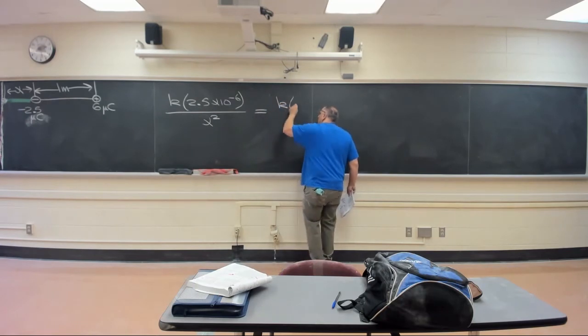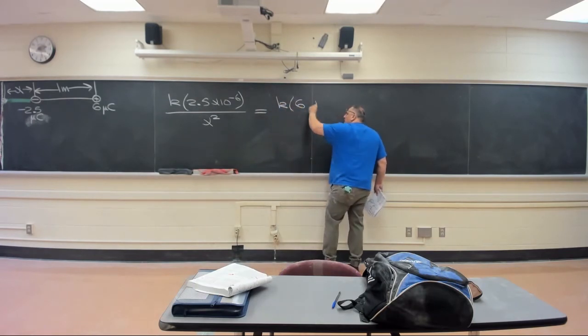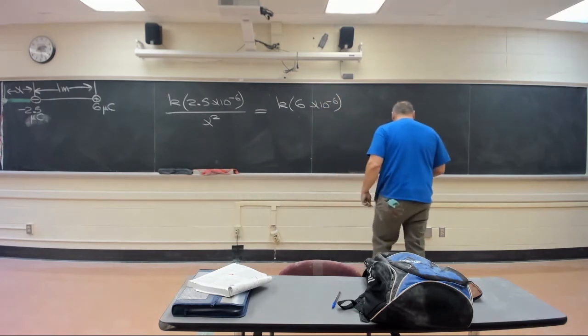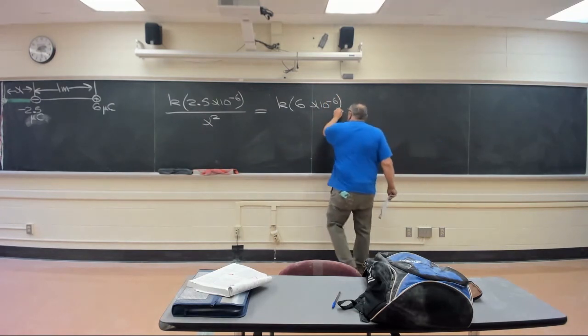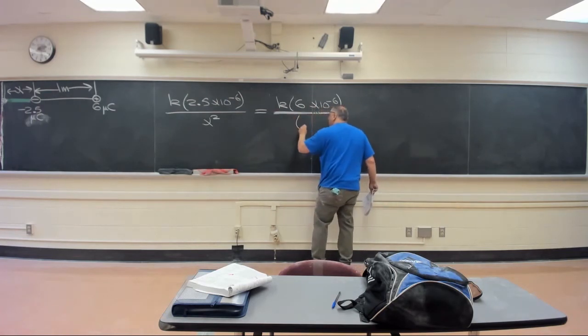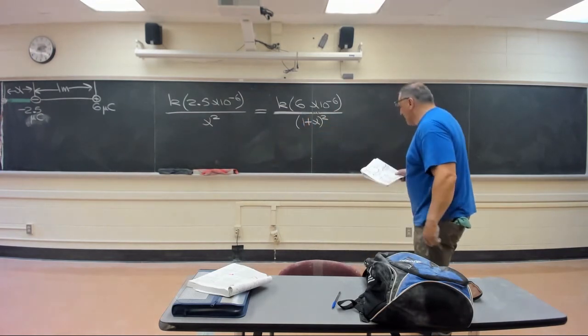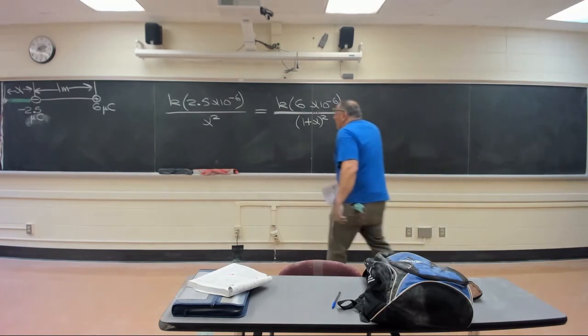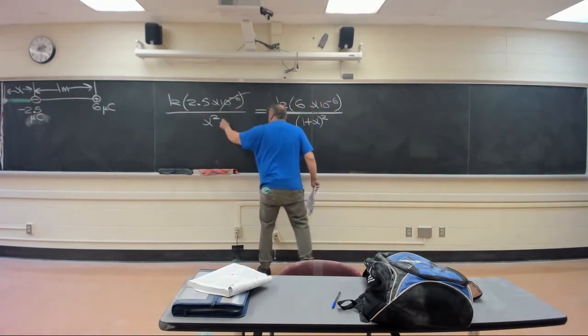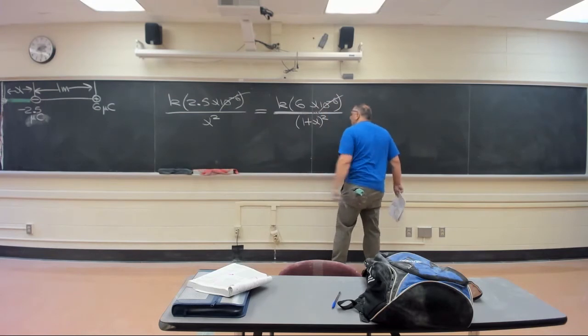Here's K. Here's 6 times 10 to the negative 6. Divide by 10 to the negative 6 on each side.